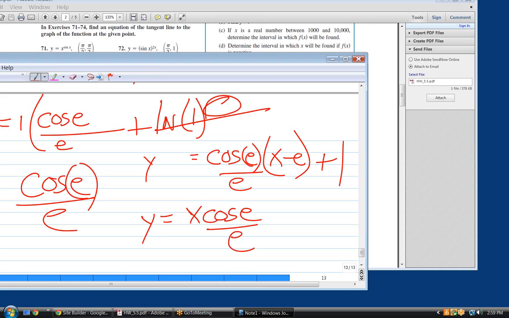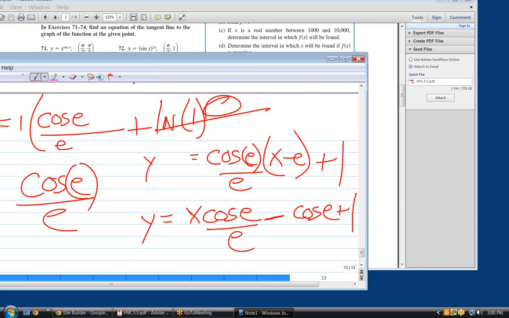And if I distribute the e, I just get cosine of e. In other words, that e cancels out with that e. Plus 1. Is that what she has? Yes. Okay, yeah, that's what she has.